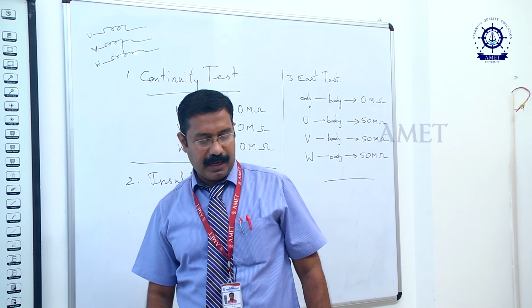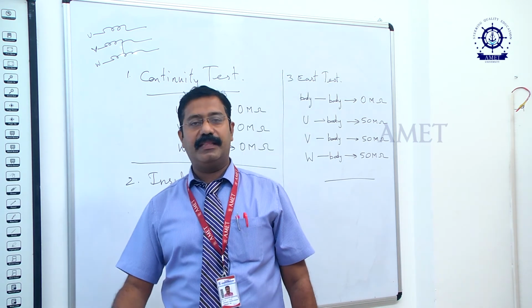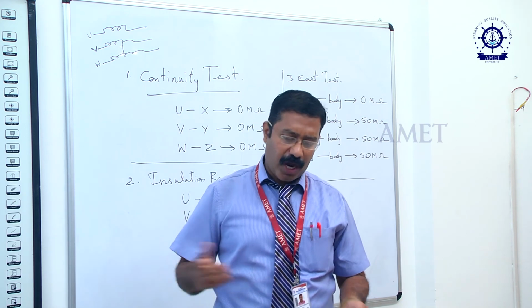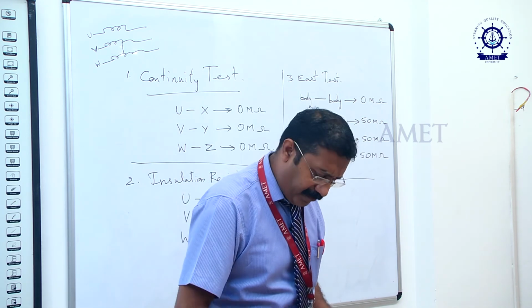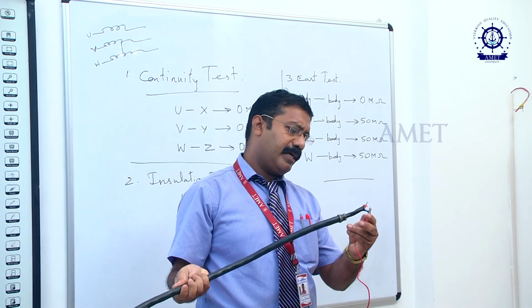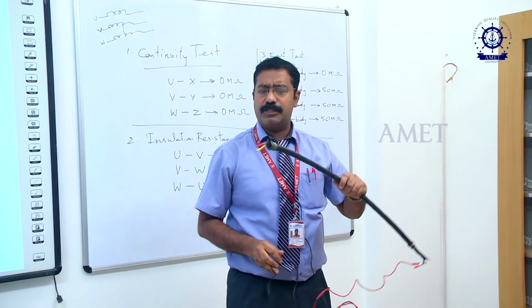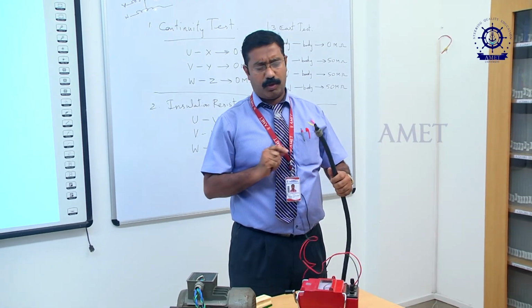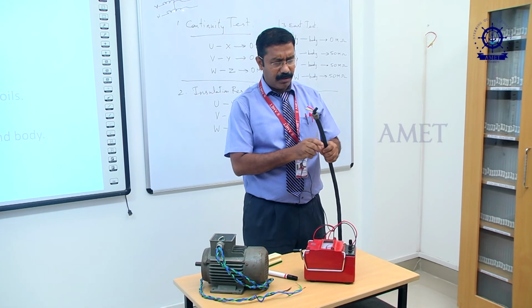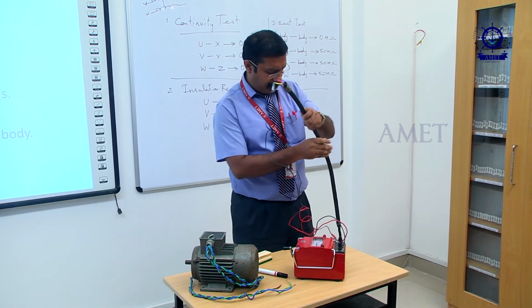By this I'll conclude that with the help of this Megger instrument we can find the insulation resistance not only of the windings. For example, I have a cable, and here also I can measure the insulation resistance, so that I can easily tell that yes, this cable is good and can be used for applications. I'll use this yellow wire.